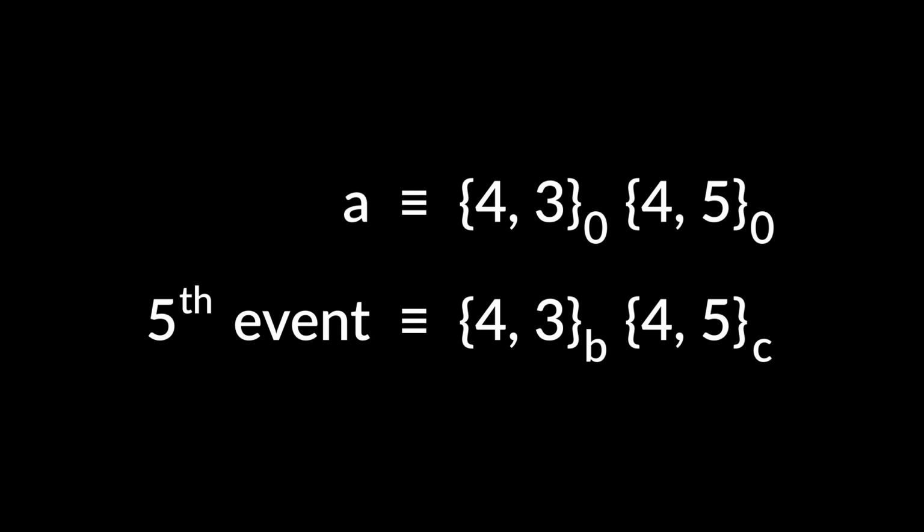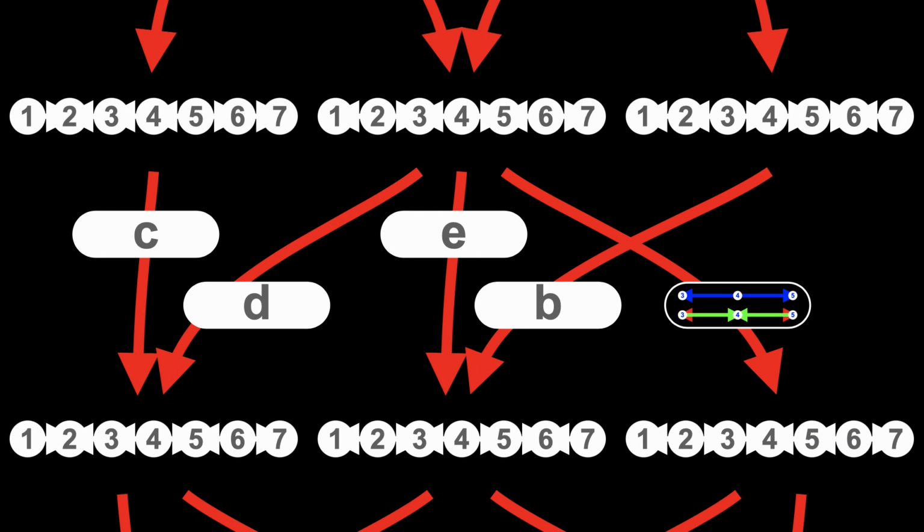Event A, in contrast, matches edges 4, 3, 0 and 4, 5, 0, which existed at the beginning of the universe and were deleted by event A at the very first iteration. These two events match different edges. They're different events. So let's call this last of the 5 events F.